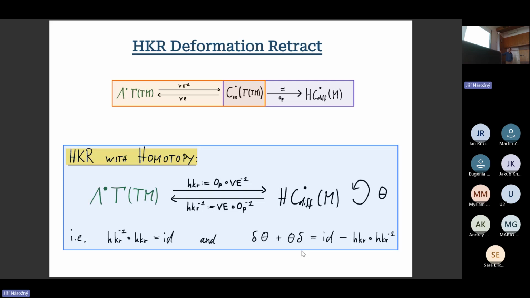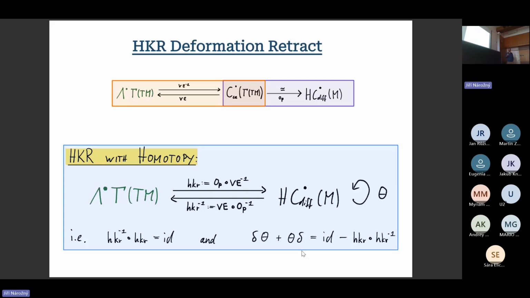if I insert a closed cochain, so its coboundary vanishes, then our closed cochain is really given by the HKR map applied to its class, the part in cohomology, plus something which is exact. And the exact part can be explicitly computed using our homotopy.